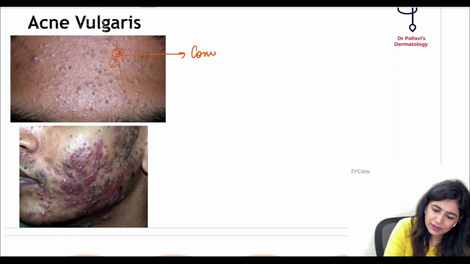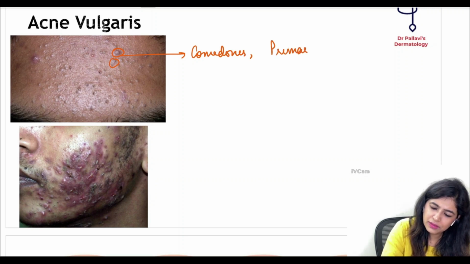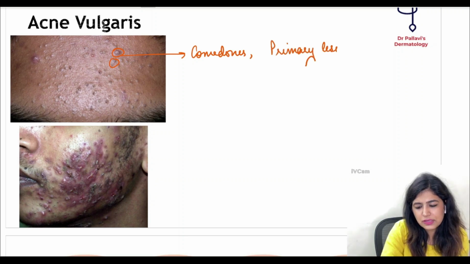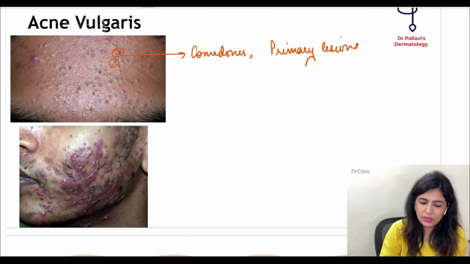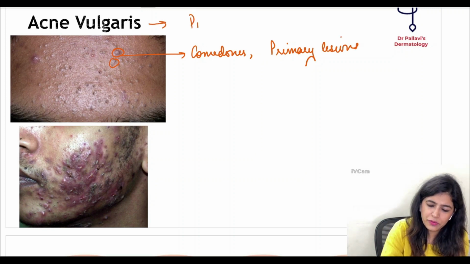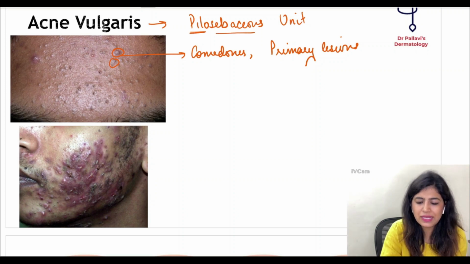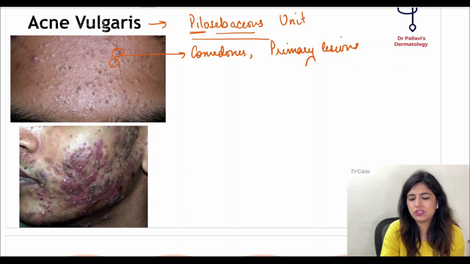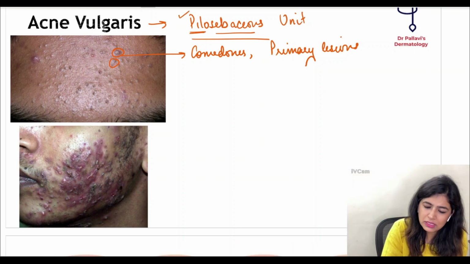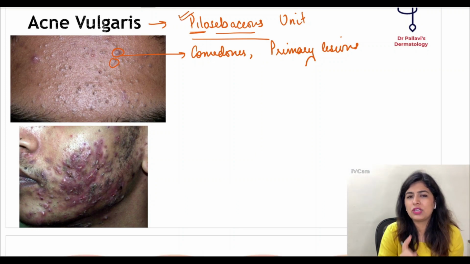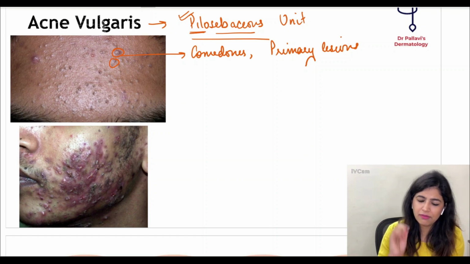Comedones are the primary lesions of acne. Acne is a disorder of the pilosebaceous unit. That's very important. Sometimes in the options they will give you hair, sebaceous gland and pilosebaceous unit. So the answer is pilosebaceous unit because both hair and the sebaceous glands are involved in acne vulgaris.